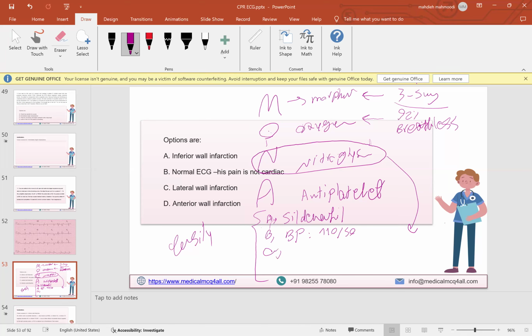C, patient with inferior wall MI. D, patient with severe headache. And E, patient with renal impairment. To which of these patients will you give nitroglycerin?